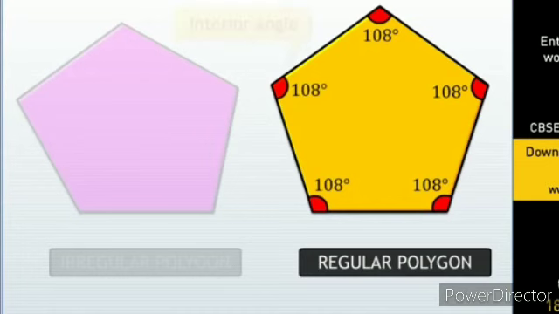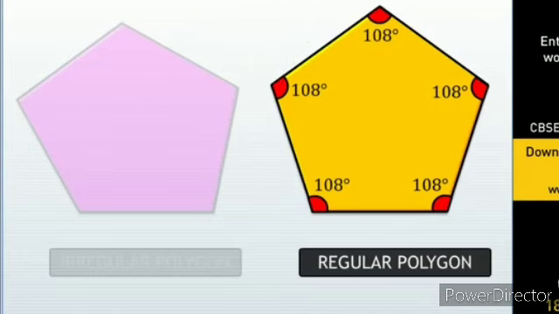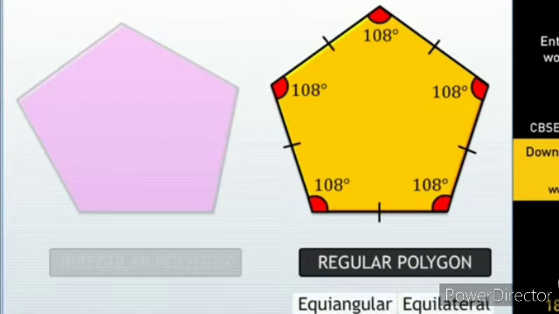The word equiangular means the interior angles of the polygon are equal to one another. The word equilateral means the lengths of the sides are equal to one another. If a polygon needs to be called a regular polygon, then it should satisfy these 2 conditions.